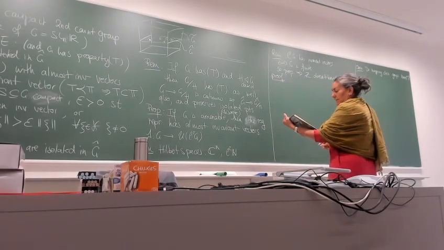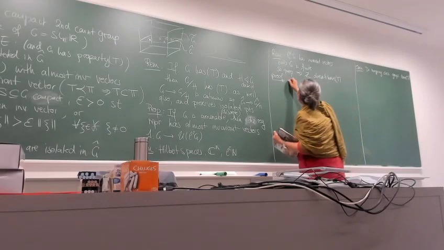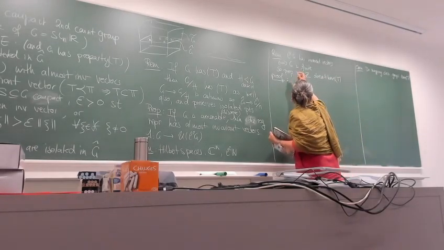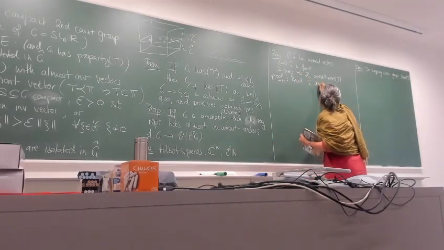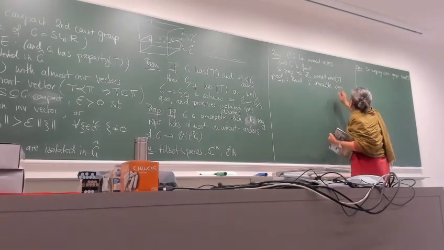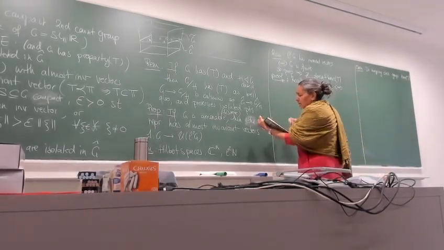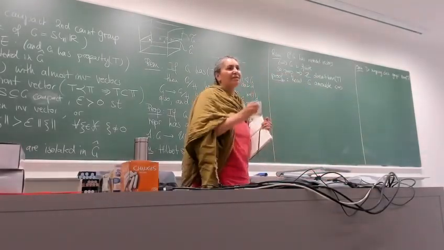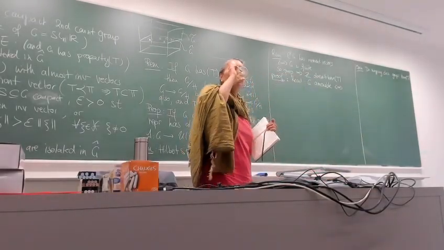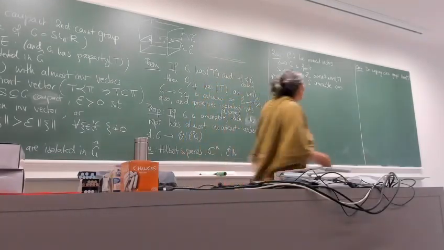Let me recall, and if you don't know, it's a definition. G is amenable if and only if. Amenability has 1,000 definitions, and I'm going to give the one that I need. Actually, it's the one they prefer.